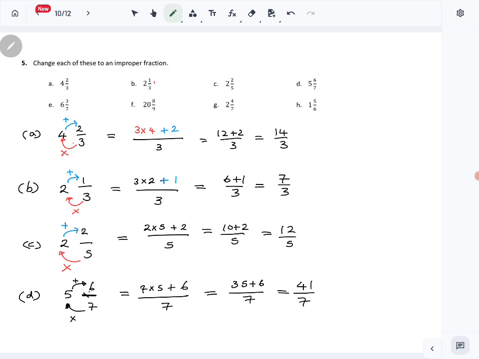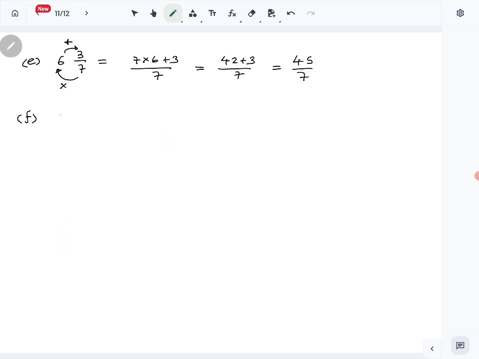Next one is what? 20 and 8/9. Right. So again, remember the steps. Multiply the denominator by the whole number, then add the numerator to that. So 9 into 20 plus 8 over 9. So 188 over 9.